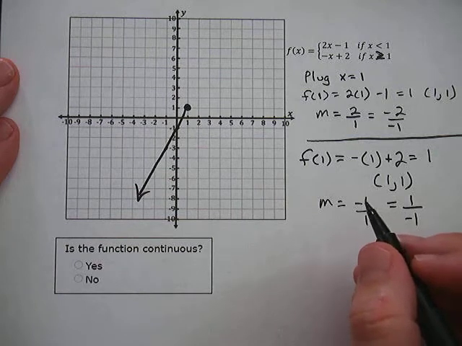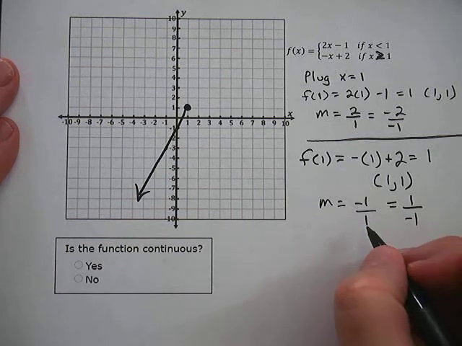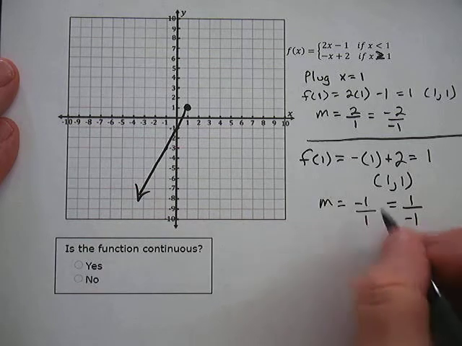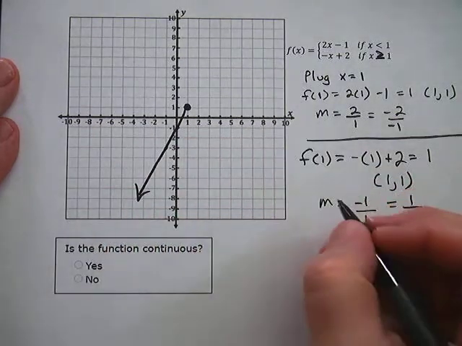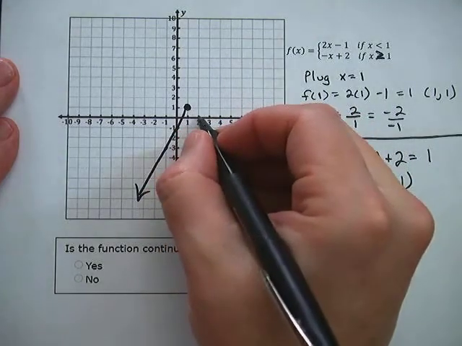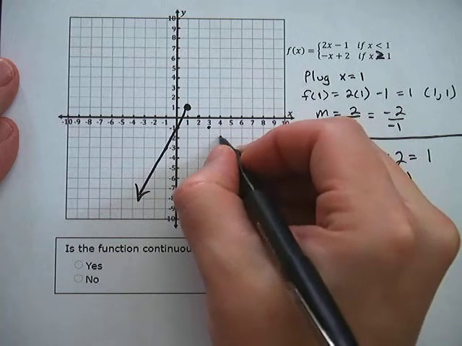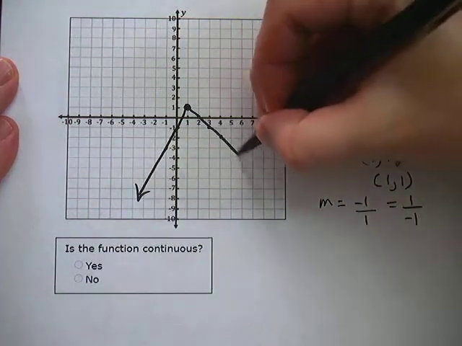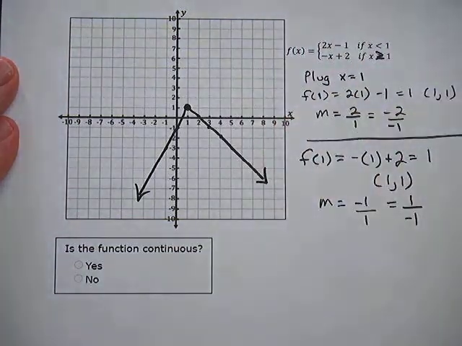Do I use the one that goes down 1 to the right 1, or do I use the one that goes up 1 to the left 1? Well, I'm going to use this one because I need to be to the right. Okay, so I'll go down 1, right 1, down 1, right 1. Okay, so down 1, right 1, here's a point, there's a point. Okay, and get enough of them to create your graph. Okay, so it's going to look basically like that. Okay, so that's the graph of the piecewise function.